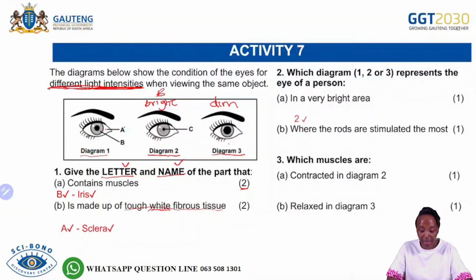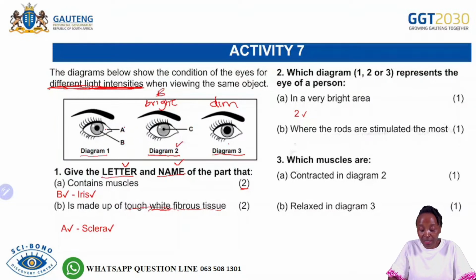Okay. And then in which diagram, 1, 2, or 3, represents the eye of a person in a very bright area? We've already done that because we did analyze the diagram before we answered, and we know that that is what? Diagram 2, where the rods are stimulated the most. Remember, the rods are stimulated the most if the eye is exposed to dim light.